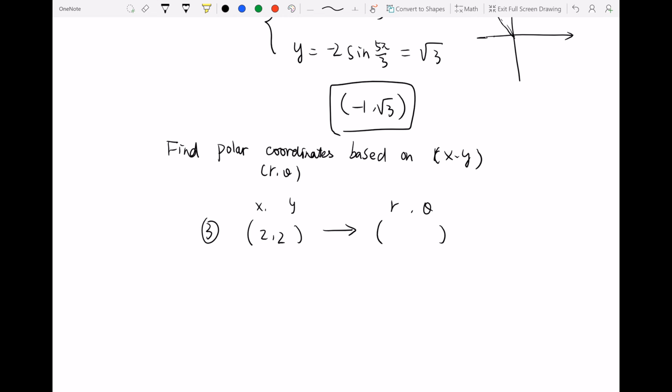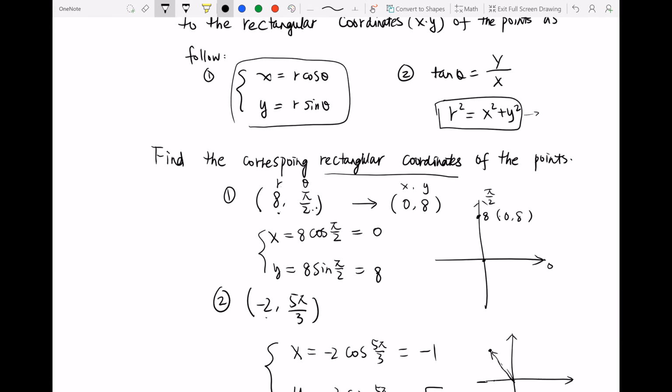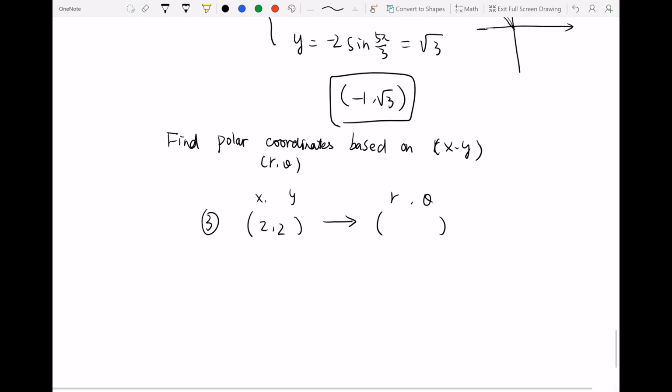After you are done, I'm going to ask a student here. You have r, you have theta, based on this one here. Okay, r and theta. Now x and y are given. I ask you to find r and theta. Okay, so I'm going to call a student here.